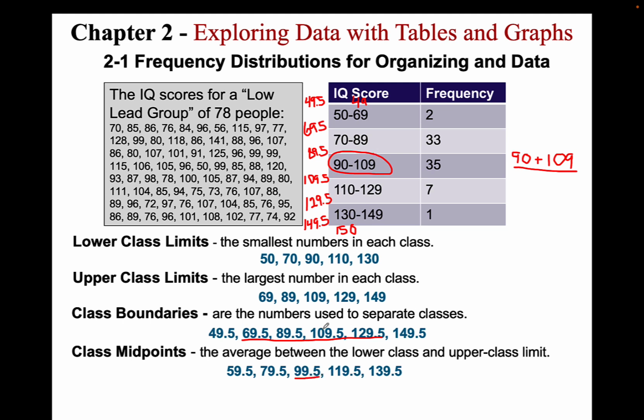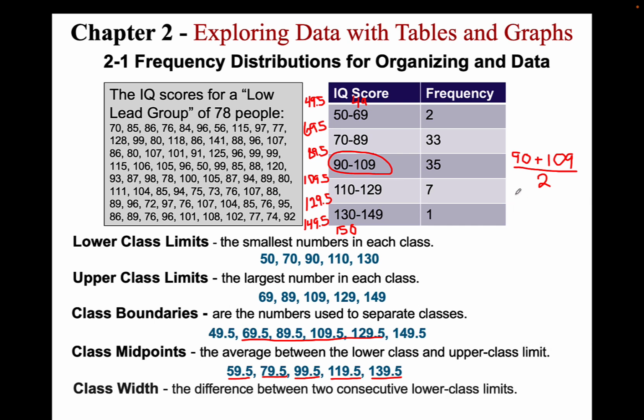That's this one. So I want you guys to look at how we got 59.5, 79.5, 119.5, and the last class midpoint is 139.5. And you calculate those by doing the same thing we did for this class, the third class example. Add the limits up and divide by 2.